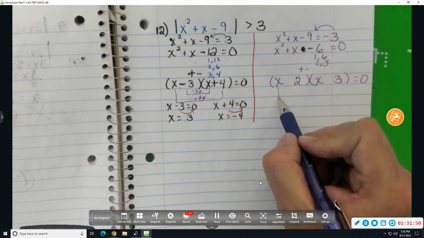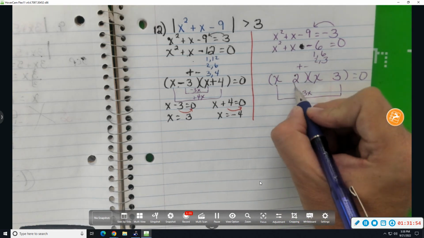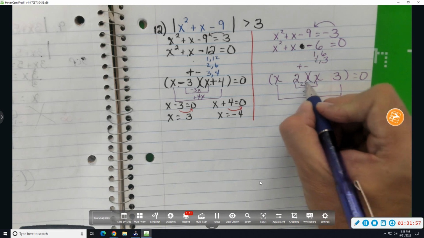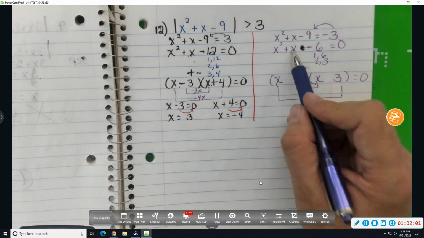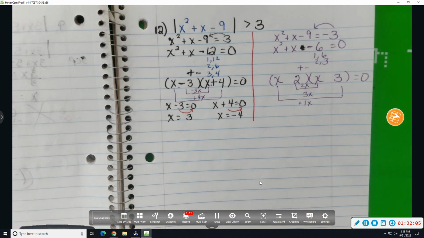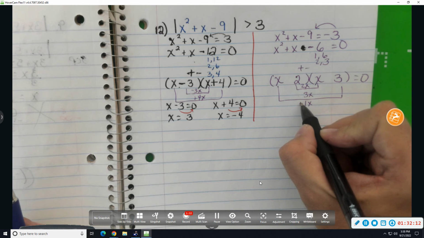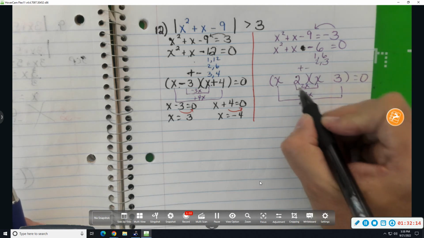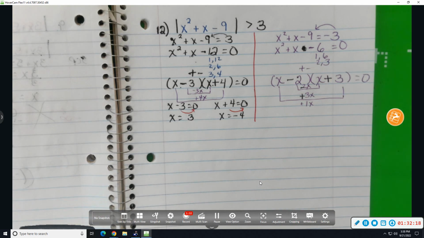We'd have 3x, 2x. We want a positive 1x, so how would y'all arrange that plus and minus? The bigger number needs to be positive. Would it go like this? FOIL that out and see. Is that right? Okay.